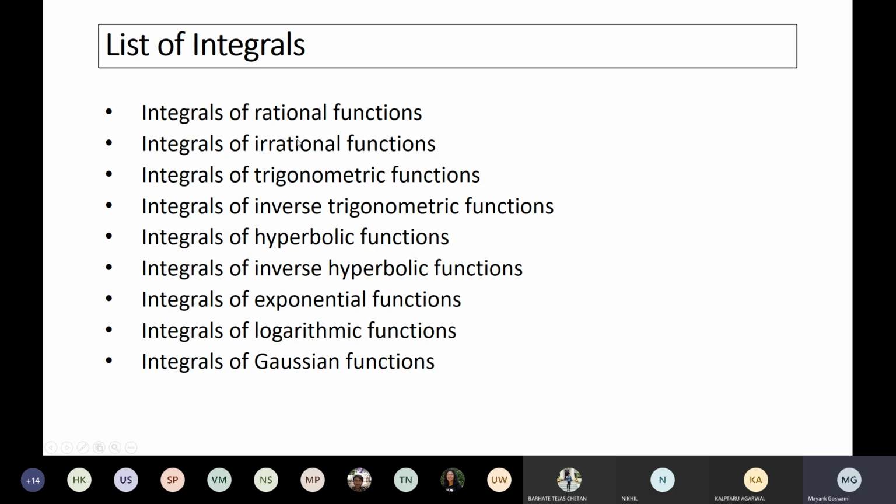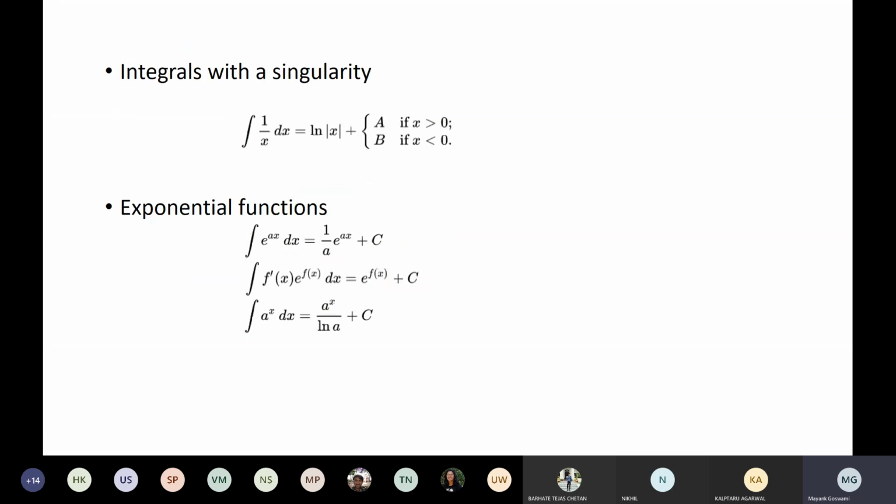These are the list of integrals that we encounter normally: integrals of rational functions, irrational functions, trigonometric functions, inverse trigonometric functions, hyperbolic functions, inverse hyperbolic functions, exponential functions, logarithm functions, and Gaussian functions. I hope you all know about these.